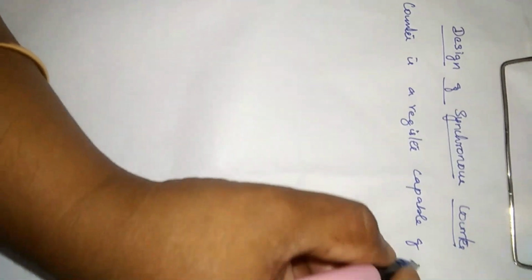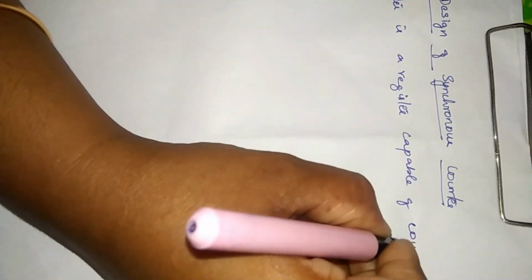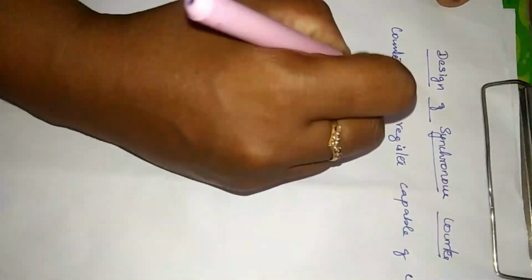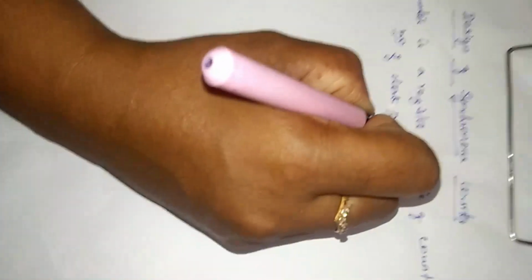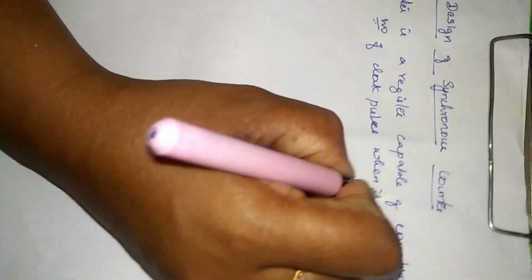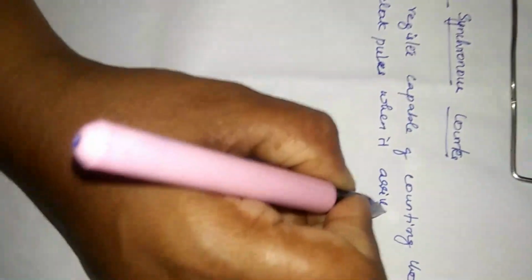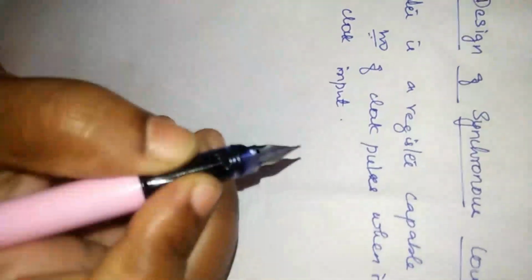That is the main task of a counter. It is capable of counting the number of clock pulses, which arrive at its clock input. So this is what counters are.